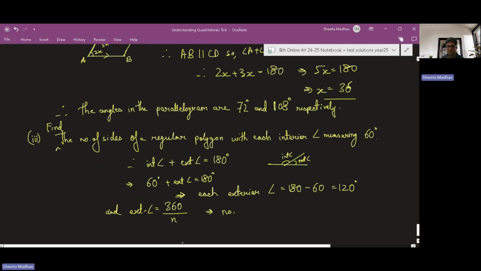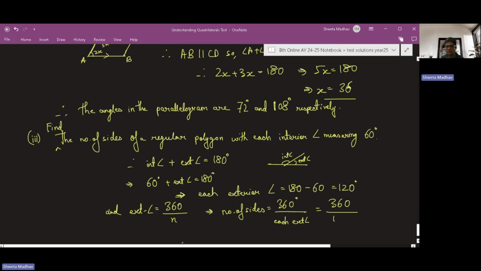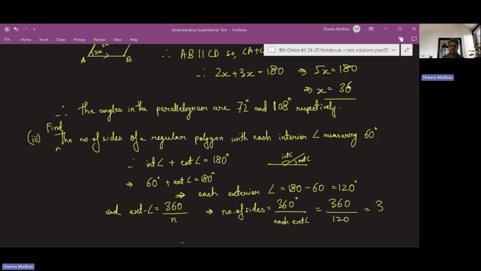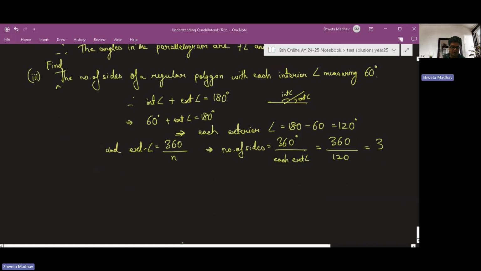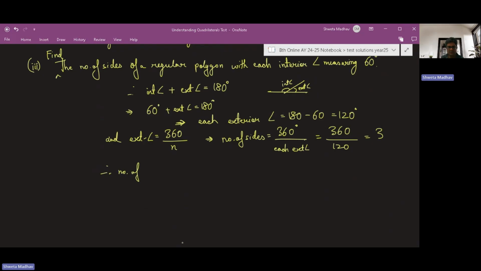So the number of sides will be 360 degrees divided by each exterior angle. That is 360 divided by 120, which is equal to 3. So it is a three-sided regular polygon, or actually an equilateral triangle. Therefore, the number of sides is 3. Answer.